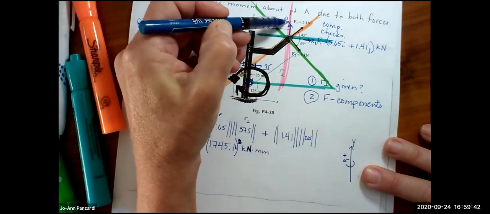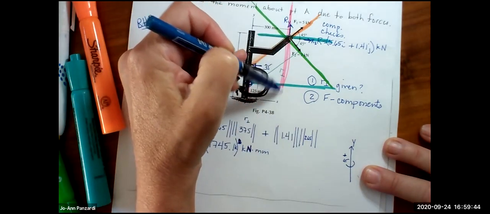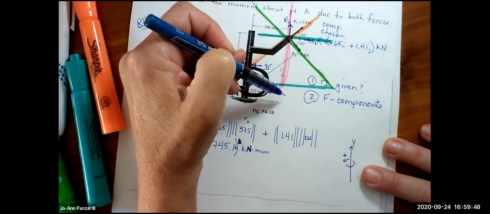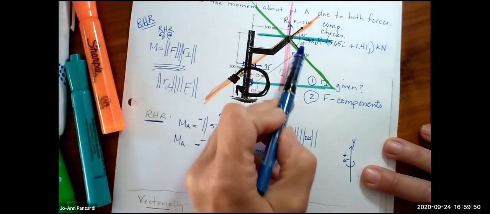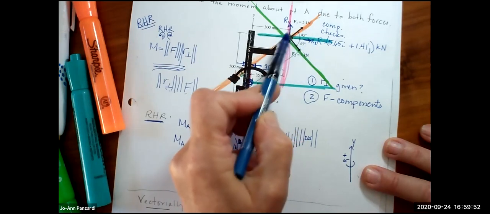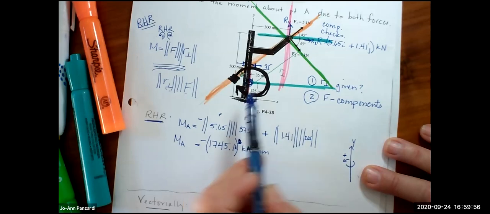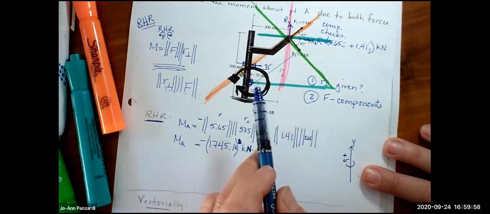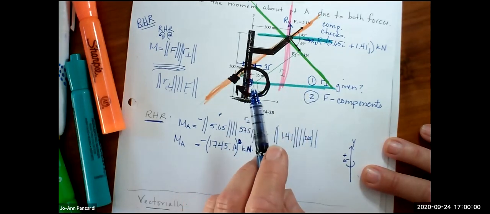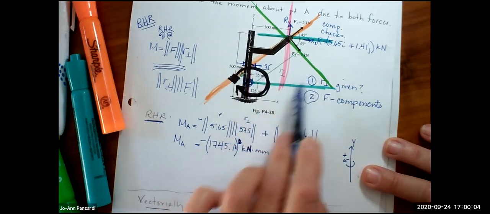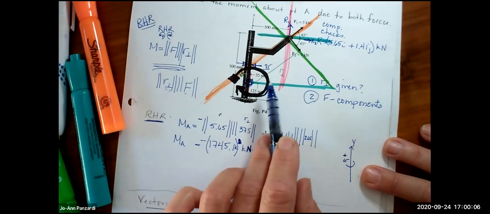And the resultant in y is intersecting the x-axis. It cannot create a moment. There's no lever arm. So a force in the x and y can only create this moment. When we get to 3D, which we are in a little bit, let's wait until we get to a 3D problem, and then we can talk more about where the moments are being created.